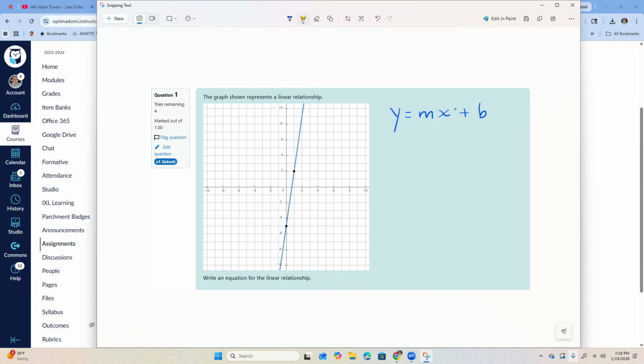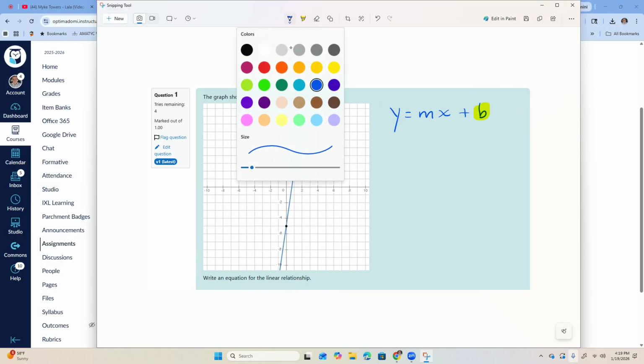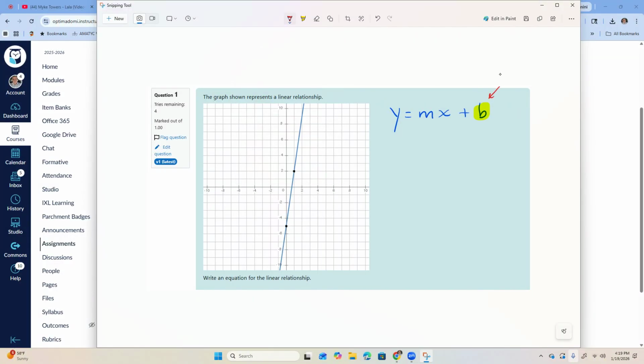The b here is called the y-intercept. And the y-intercept is a point on the y-axis. So one of the first things I suggest you do is look at the graph and find where the line touches the y-axis.